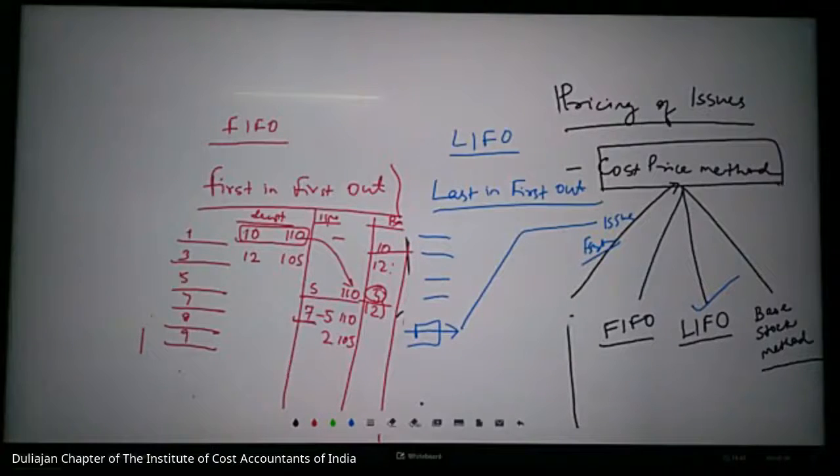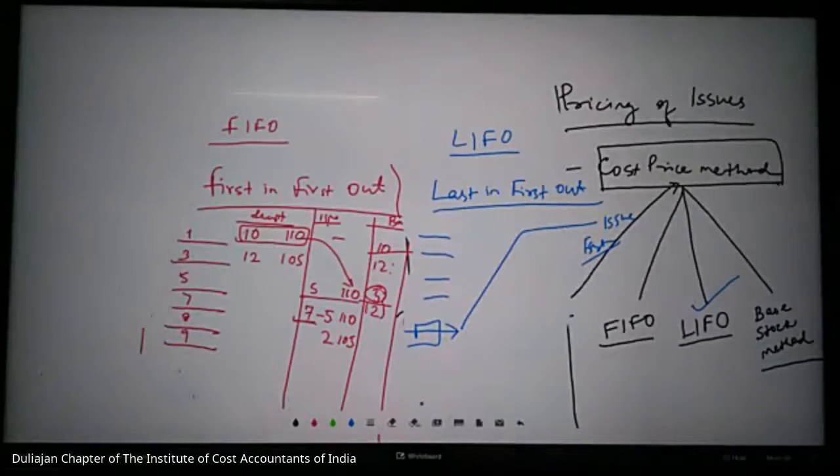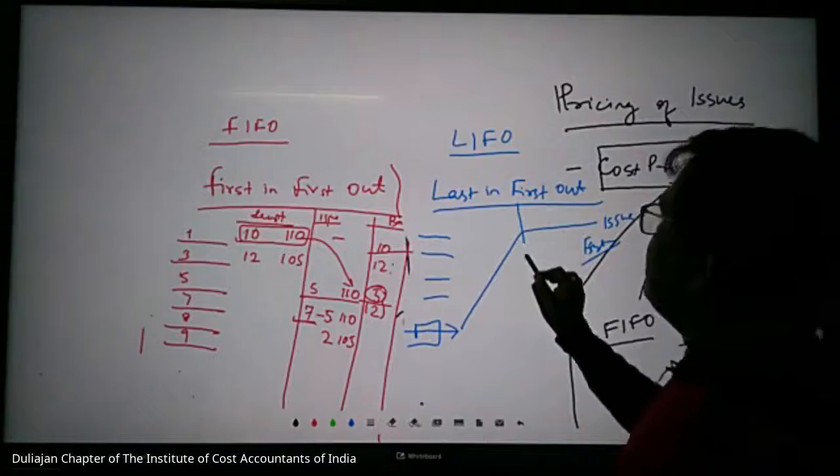So you will sometimes be very much interested to cook with the fresh vegetables. Whatever you have bought today, the same thing you are consuming, but the old vegetables you are still keeping in the fridge. So this system is like that.